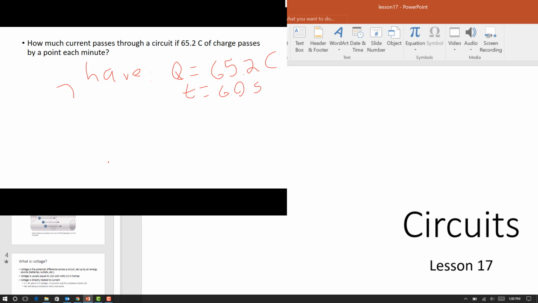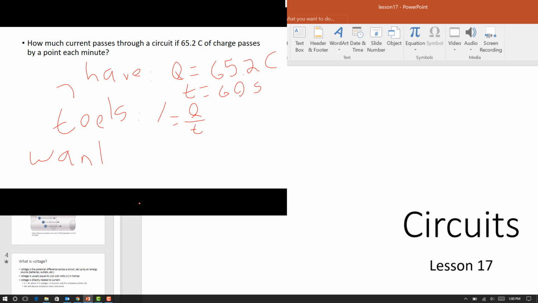All right, tools. What tools do we have to solve a problem like this? We have that current is equal to Q divided by T. Oh, I wrote it wrong. It's just T, not T squared. And what do we want?